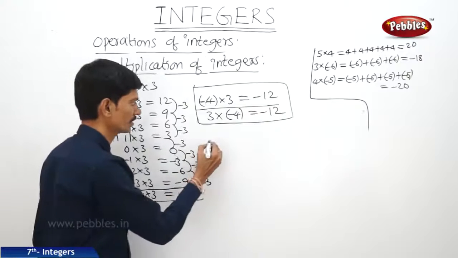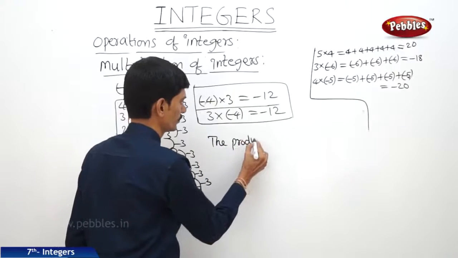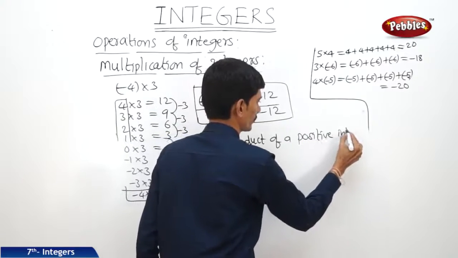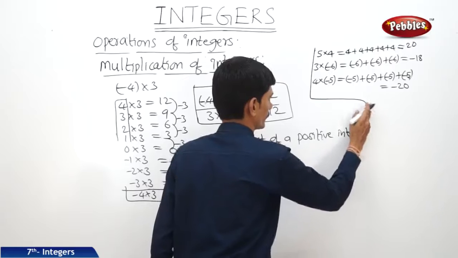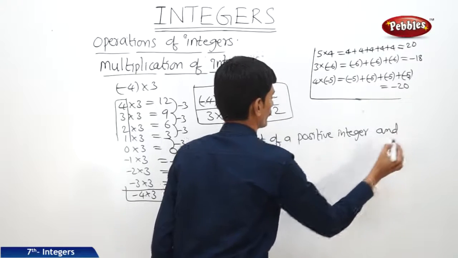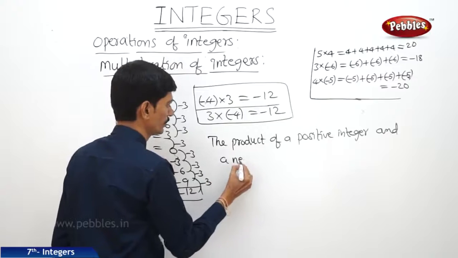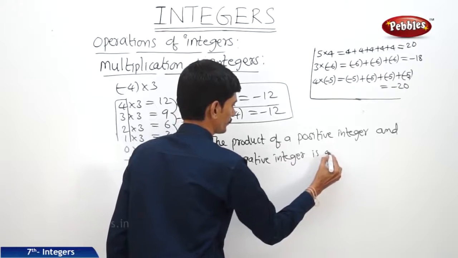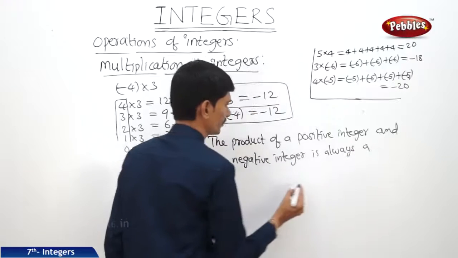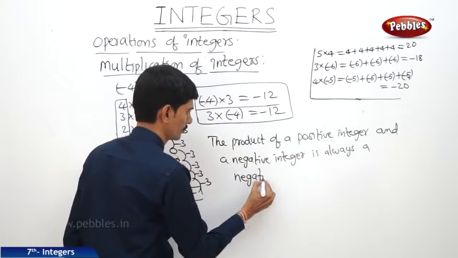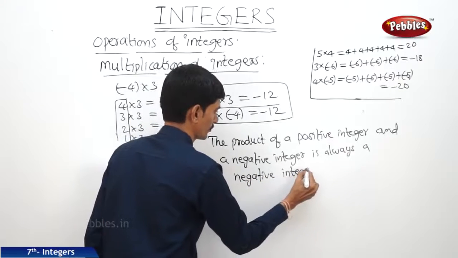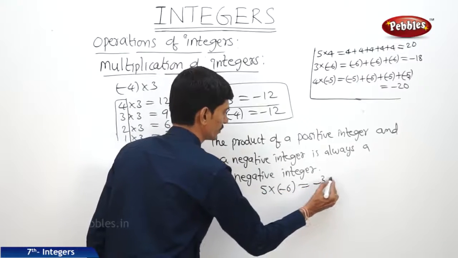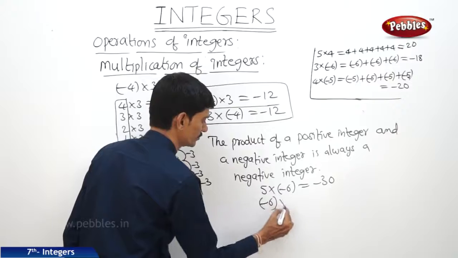So we can write the statement that the product of a positive integer and a negative integer is always a negative integer.